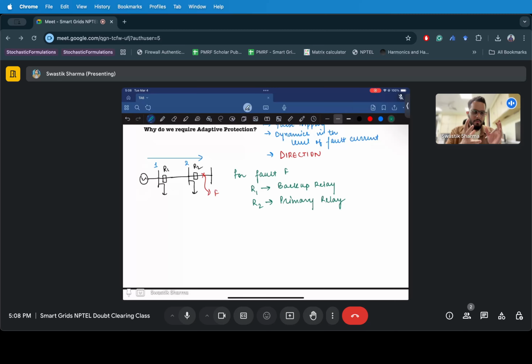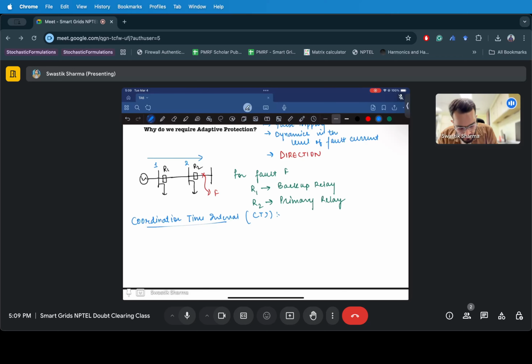So there should be a minimum time, right? It should sense this fault for a particular amount of time before issuing that trip signal from the backup relay, right? So this minimum time is called the coordination time interval, CTI, right?